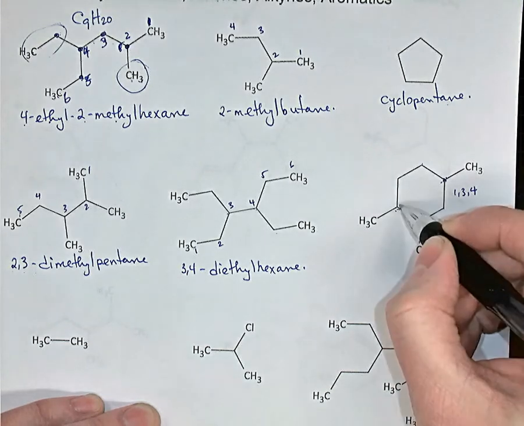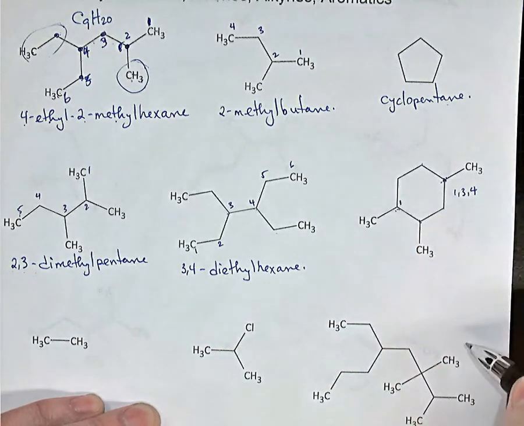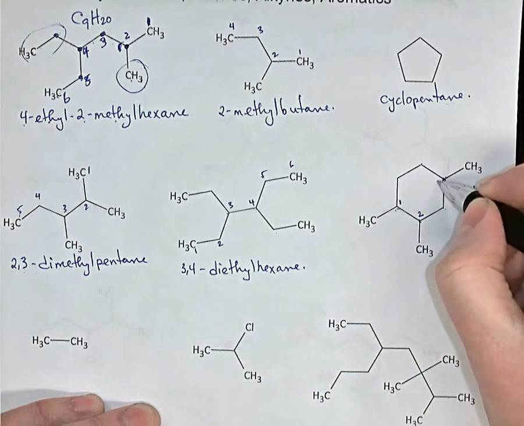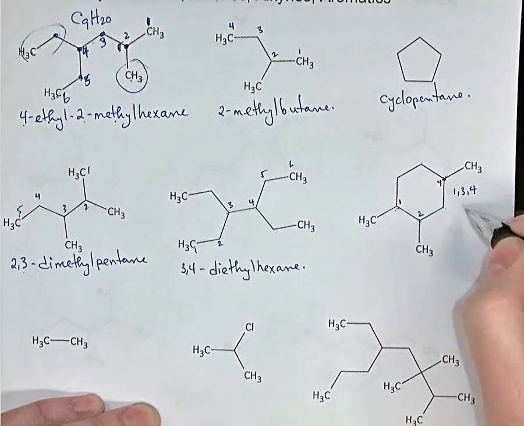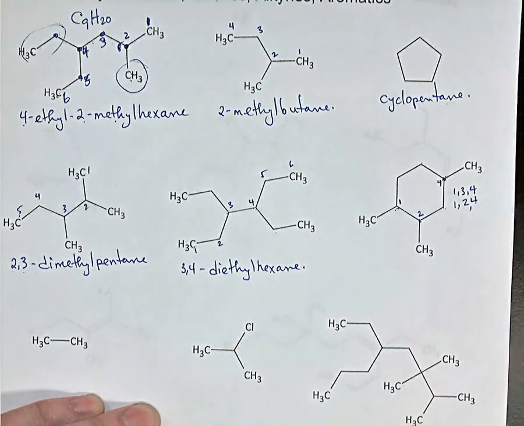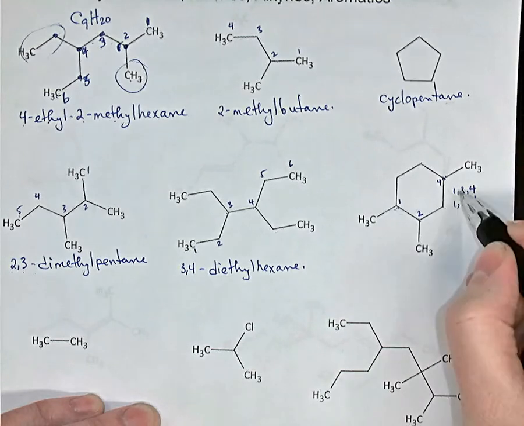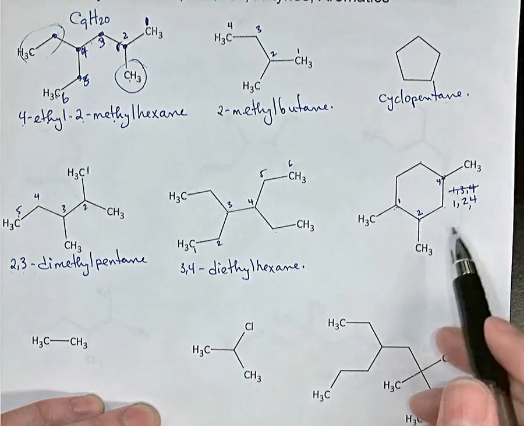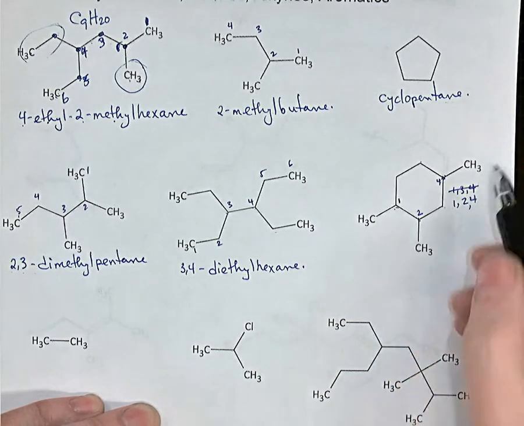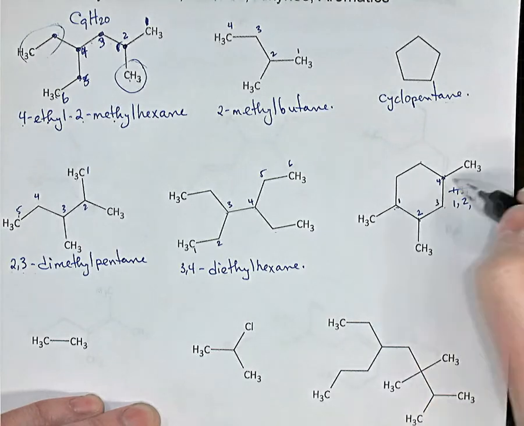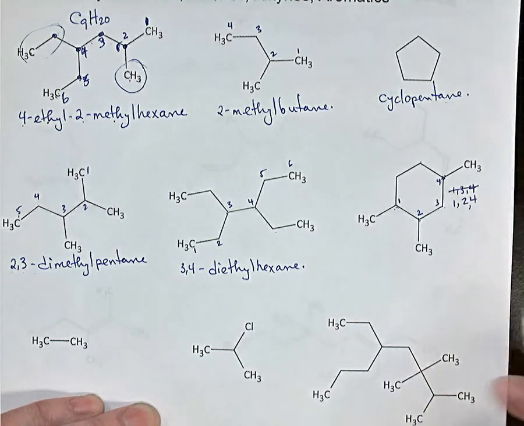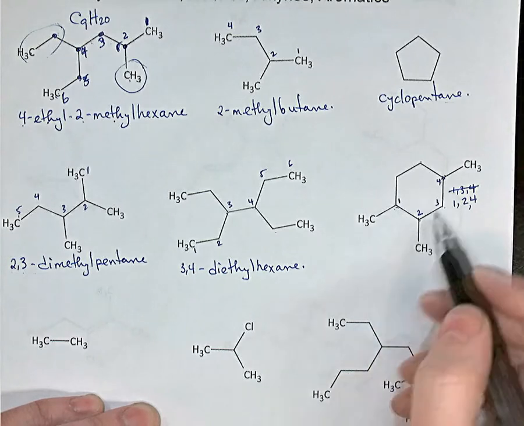But what if I were to start at this carbon here, call that carbon number 1, call this carbon number 2, 3, and 4. So if I started this way, it would become 1, 2, and 4. So because you're trying to keep the numbering smallest, I'm going to use that as my numbering. Carbon 1, carbon 2, carbon 3, which doesn't have a branch, and carbon number 4. So this would be carbon 1, 2, and 4.